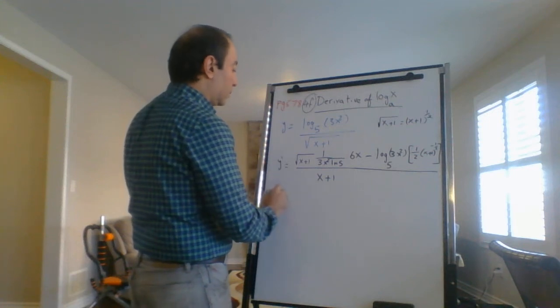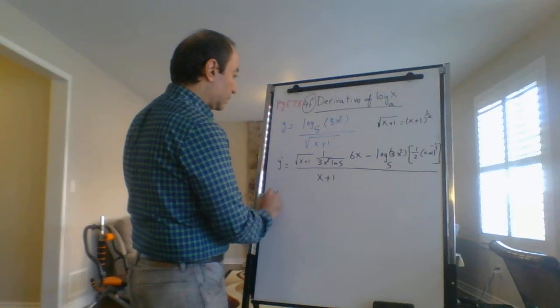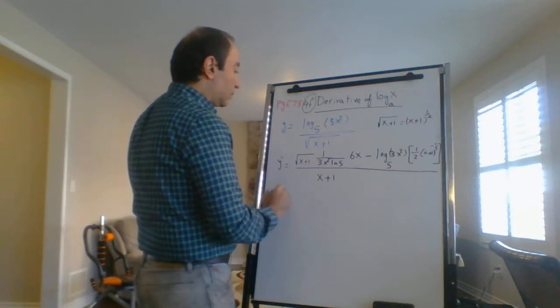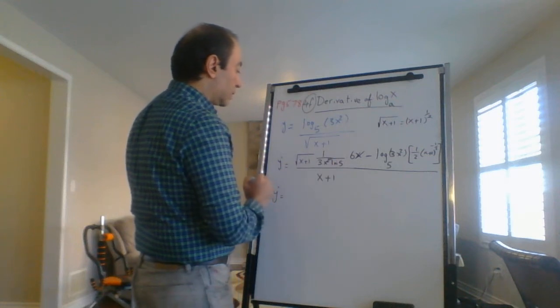Alright, now we try to clean this up a little bit. So y prime will be, I can cancel out this x and this square.